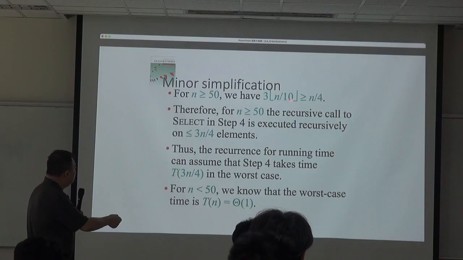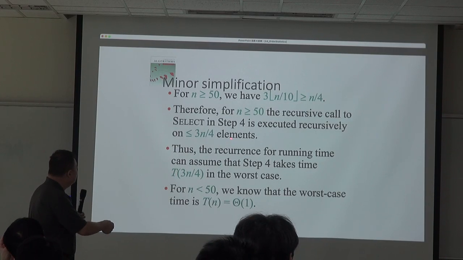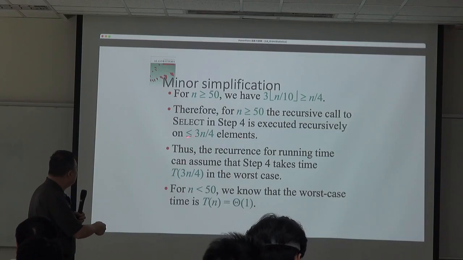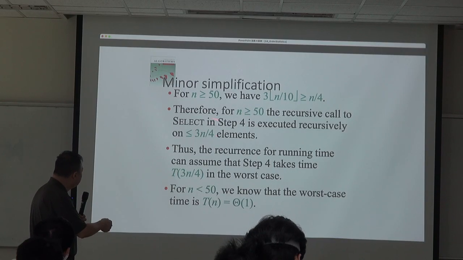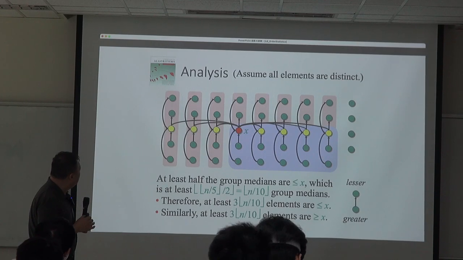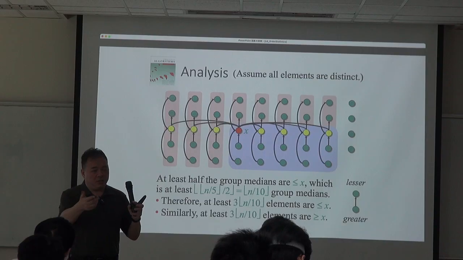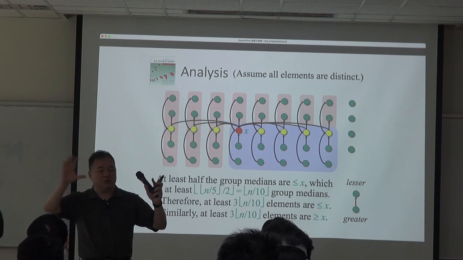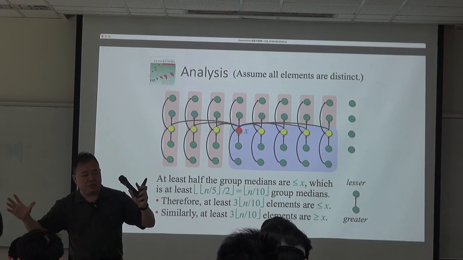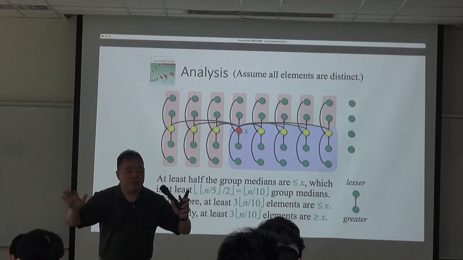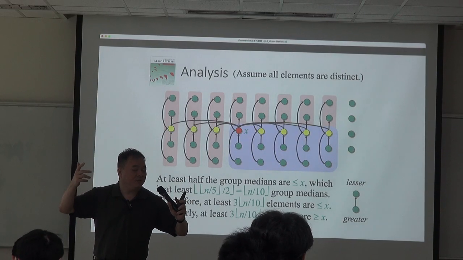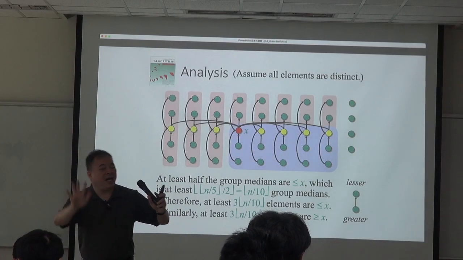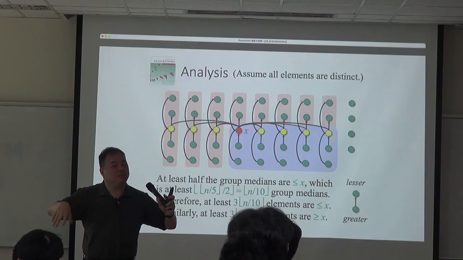For n greater or equal to 50, the recursive call to select in step 4 is executed recursively on at most 3n divided by 4 elements. Because, remember in our previous analysis, when we break the group into 2, we assume the worst case scenario, that the particular number we are looking for happens to be in the larger split, right?